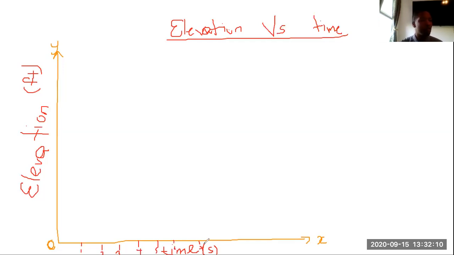Normally, I should have left more space so this is not crumbled up, but we get it. 9, 10, 11. And let's make this line a little bit longer. 12. The highest that he was at was 12 feet. We're going to say he was at 12 feet.